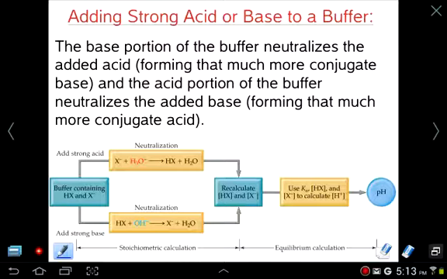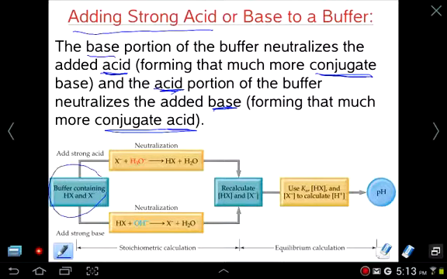Anytime you have a buffer, if you add a strong acid or base to the buffer, the base portion will neutralize the added acid, forming a bunch more conjugate base, and the acid portion will neutralize the added base, say sodium hydroxide, forming that much more conjugate acid. Here's kind of the diagram, and this may be a bit confusing. We'll have to work it out a few times, but here you have your buffer containing both the original acid and its conjugate base.